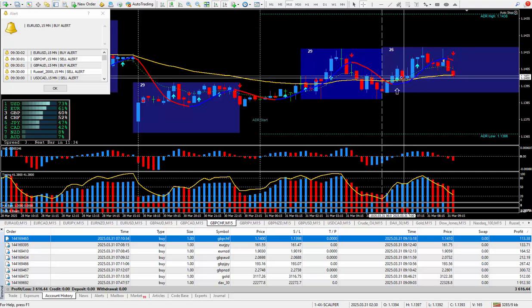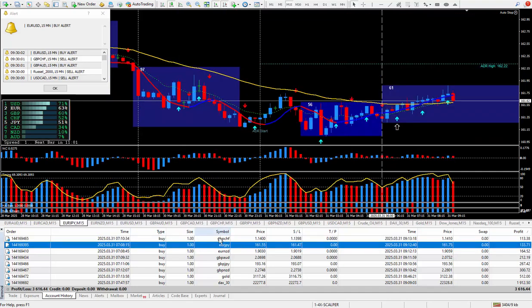So, as you can see, I got in at this cursor right here, and I closed it out at this point, locking in approximately 10 pips, and that ended up paying out $113. Okay, moving on to the next trade I did.